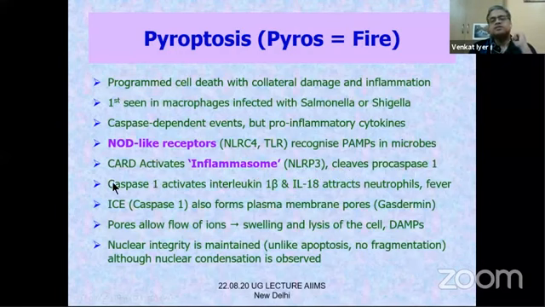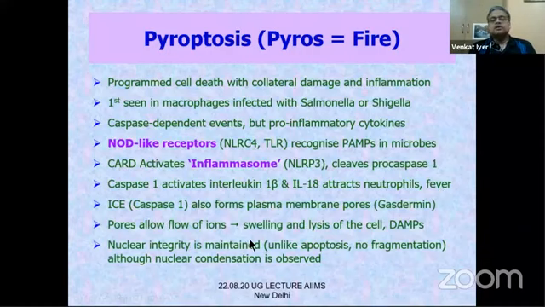Once caspase is formed, caspase forms pores in the plasma membrane by this molecule called gasdermin. It also causes release of interleukin 1 beta and IL-18, which attracts the neutrophils and causes fever.